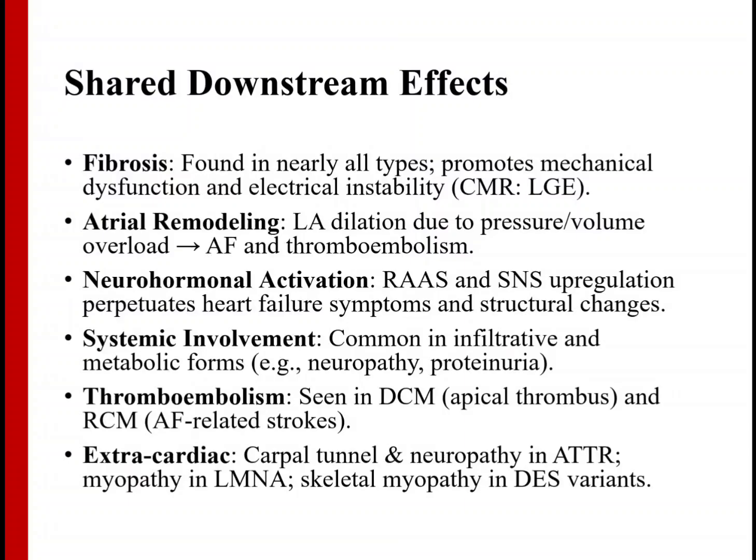And this is universal across all phenotypes of cardiomyopathy. On cardiac MRI, you can see something known as LGE, which stands for late gadolinium enhancement. So the fibrotic tissue will take up the gadolinium, and this will lead to enhancement on the cardiac MRI.